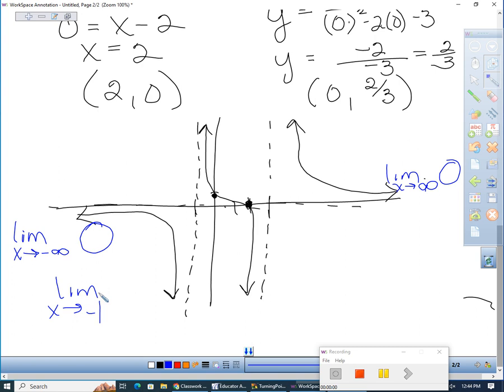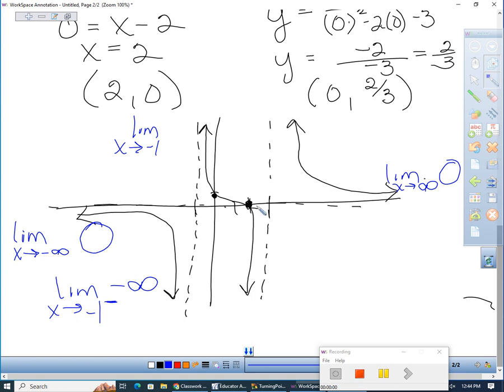All right, so as I was saying, because I'm approaching this asymptote from the left side, I'm going to put a little minus sign at the top, saying I'm coming from the left. So as I come from the left to this asymptote, where am I going to? Negative infinity, absolutely.